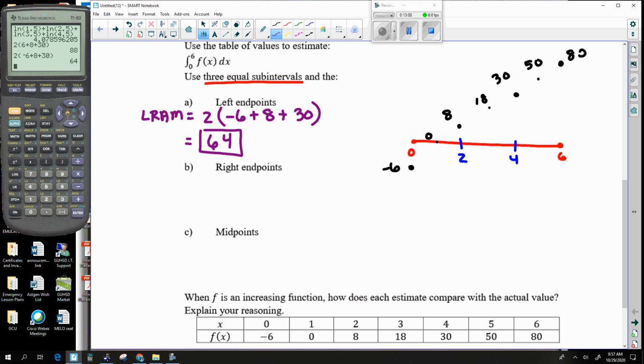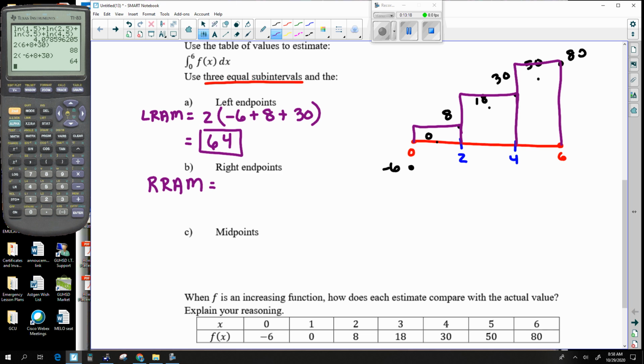The next one is a RRAM. So let's go over to the picture and take a look at what that would be. So the right-hand sides are all of the heights.